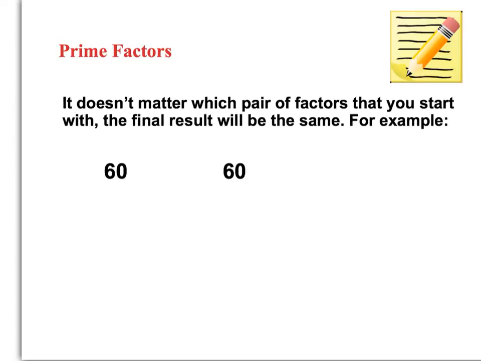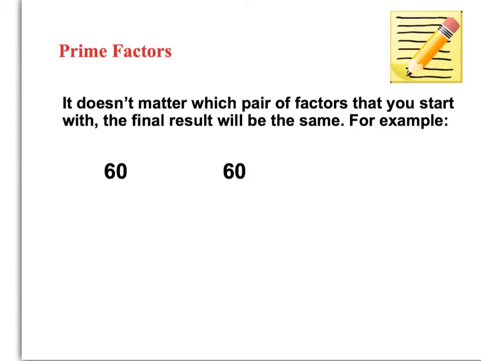Alright, now one other thing to remember when you're working out the prime factors, don't worry about which two numbers you use first of all to multiply to make the number. Now I'm going to show you here that it doesn't matter which numbers you use to multiply, as long as they make 60 in this case, then it'll still break down into the same prime factors.